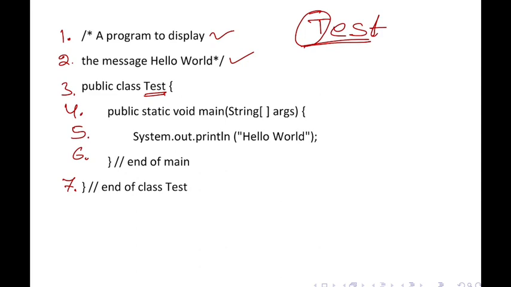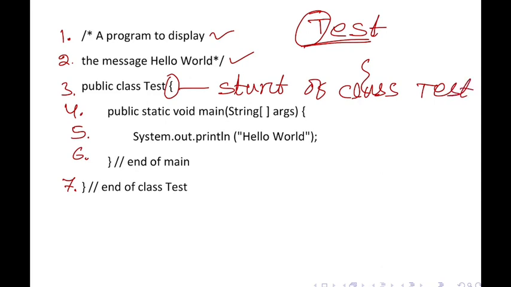So the last character on the line, so here after test you can find the left curly braces, or open curly braces. So this signals the start of class. So here this curly braces, this one, represents the start of class test.